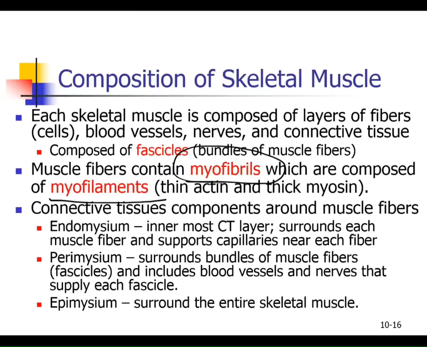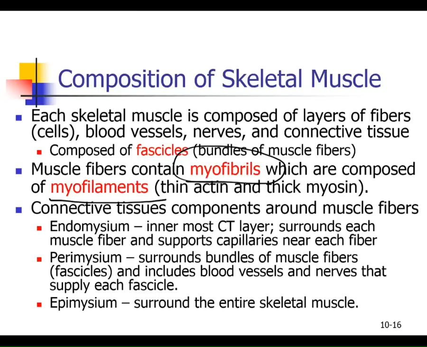So let's start at the very bottom. Epimysium. Epi, what does epi mean? On, right? On or upon. So the epimysium is on the entire muscle. It's a layer of connective tissue that surrounds the entire muscle. Then there's the perimysium. We haven't gotten to P's yet, but we know perimeter means everything around, right? So the perimysium is a layer of connective tissue around, not the entire muscle, but these fascicles.